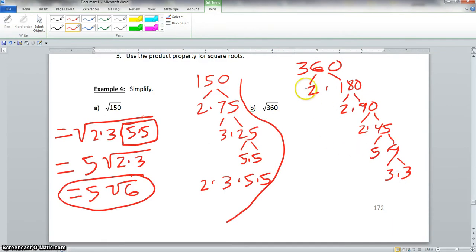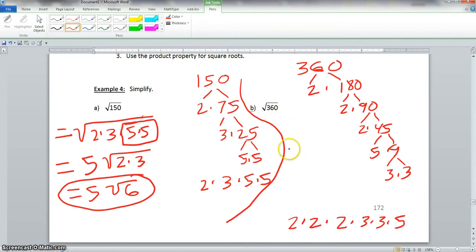Now what I always like for you all to do when we do prime factorization is write these in order from smallest to greatest. And I'll write this down at the bottom. We will have 3 2's, 2 3's, and a 5.